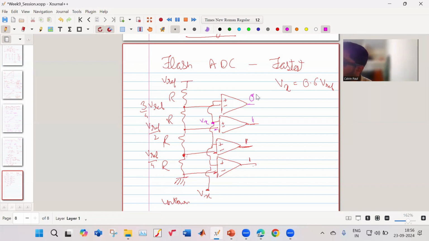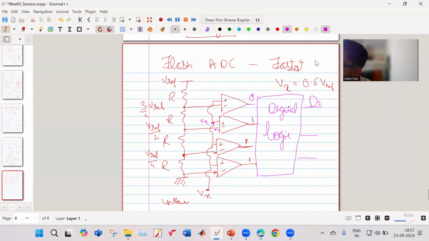Now, what do we want? There will be some digital logic which will convert this into 2 bits, since this is a 2-bit ADC.